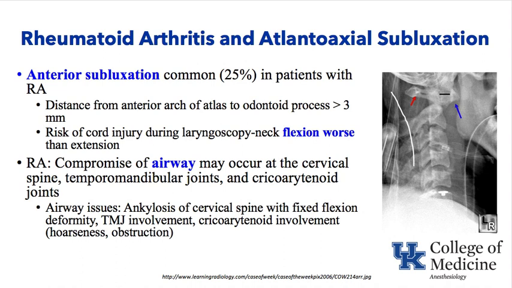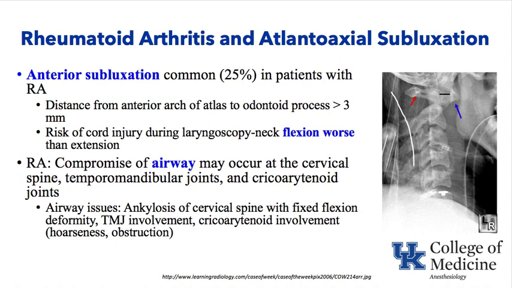Rheumatoid arthritis and atlantoaxial subluxation is the last keyword. Anterior subluxation is quite common, up to 25% or so in patients with rheumatoid arthritis. And the picture at the far right is an X-ray of the cervical spine with neck flexion. That is the way the cervical spine X-ray is done, with neck flexion.